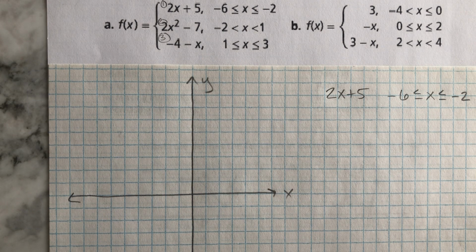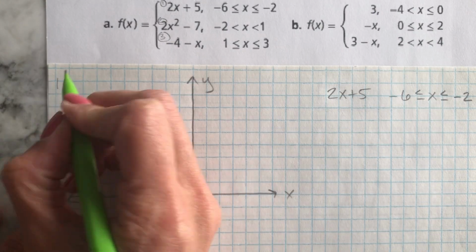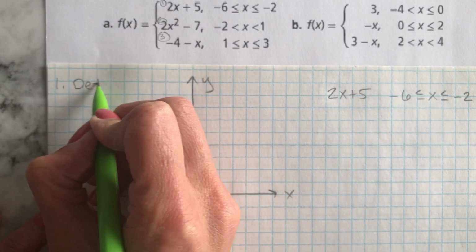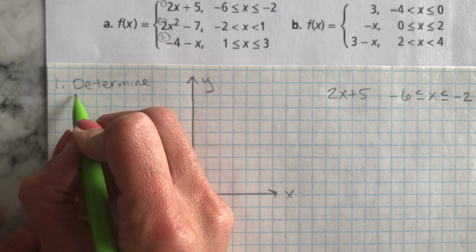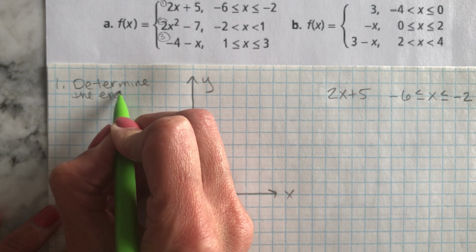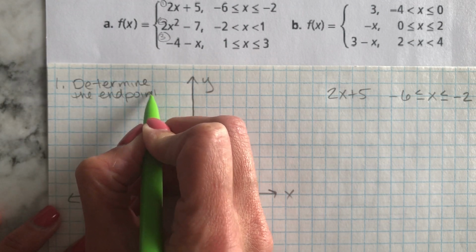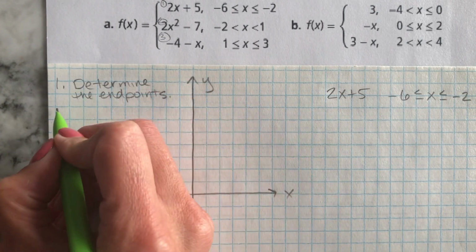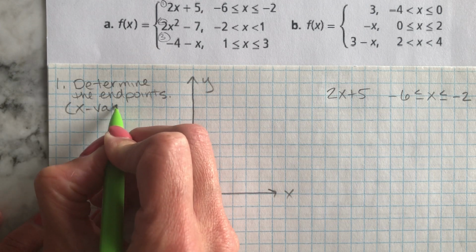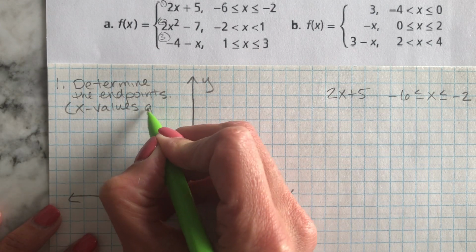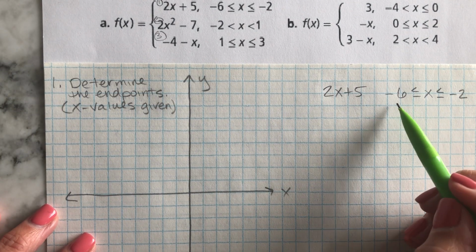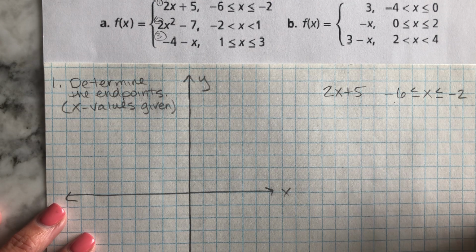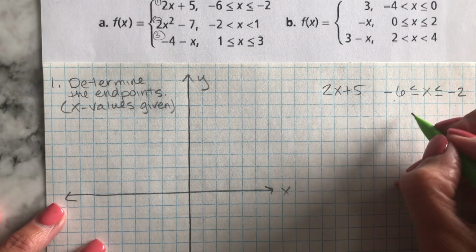Step 1, determine the endpoints. We're looking at the x values given. My x values given are -6 and -2. So I'm going to start there.